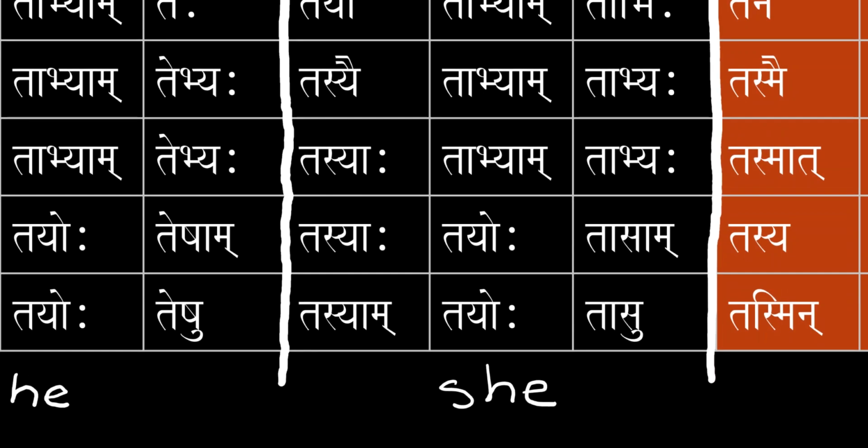Genitive will be her or of her, belonging to her, of the two of them or of all of them, singular, dual, and plural respectively. Tasyah, tayoh, and tasam. Locative, in or on her, it will be tasyam, tayoh, and tasu.